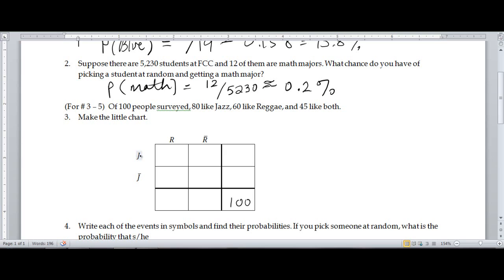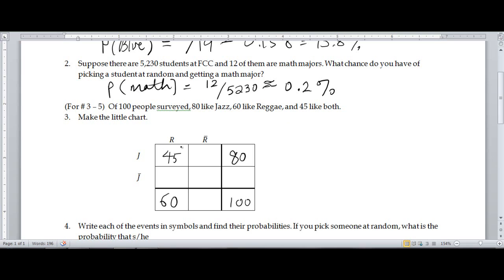So this is liking jazz, J bar is not liking jazz, R is liking reggae, R bar is not liking reggae. Total like jazz is here, 80. 60 like reggae, so that's here. 45 like both, so liking jazz and reggae.